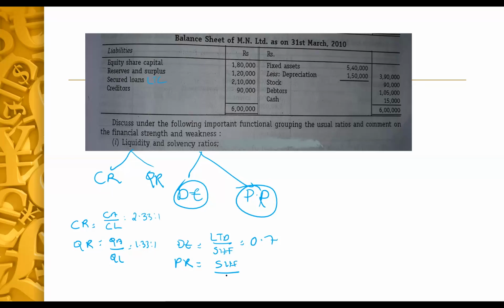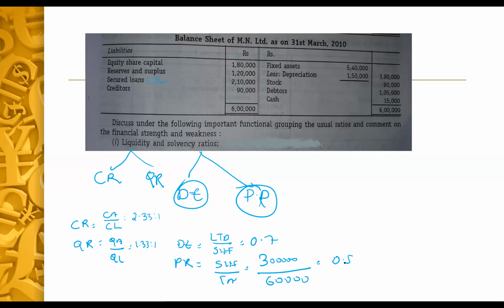Shareholders fund divided by total assets. Aren't you calculating? Shareholders fund we have already calculated, 3 lakh, divided by 6 lakh. 0.5.